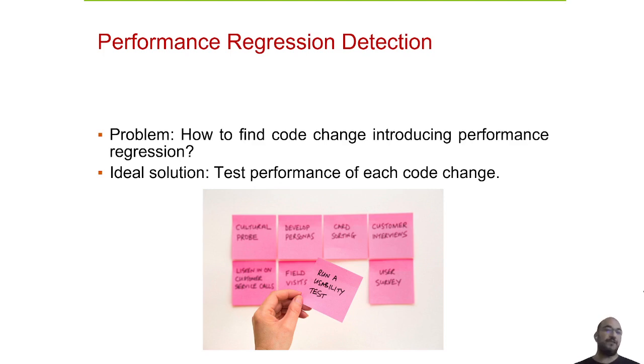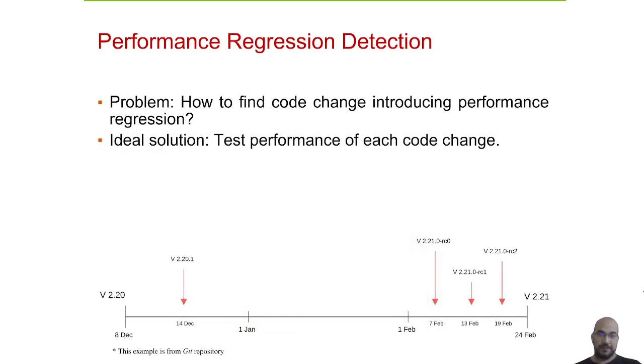And clearly for this problem, this optimal solution of testing for performance every code change is theoretically complete, but practically it's unfeasible. And this is for the following reason. Let's take, again, the Git project as an example, and let's look at us testing for performance all the code changes between version 2.20 and 2.21.